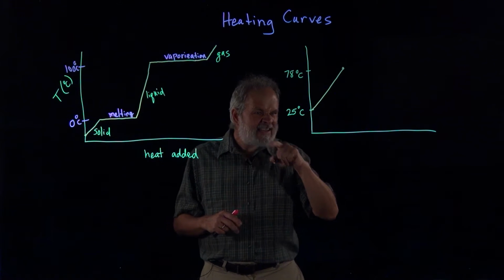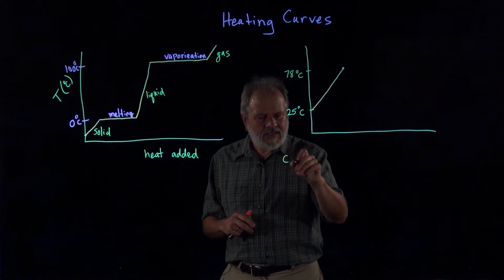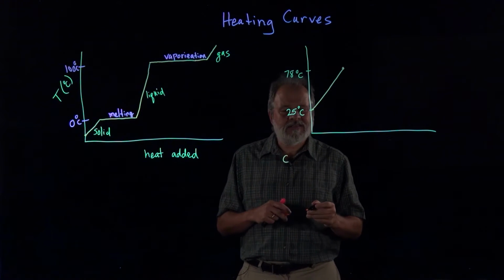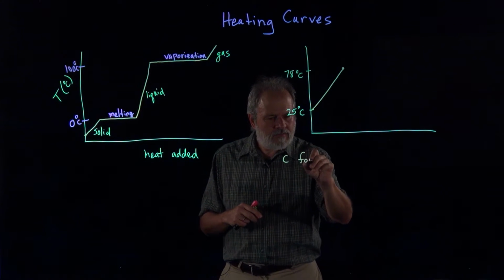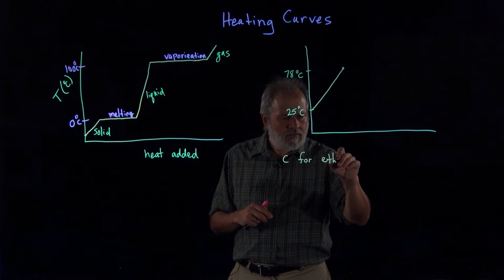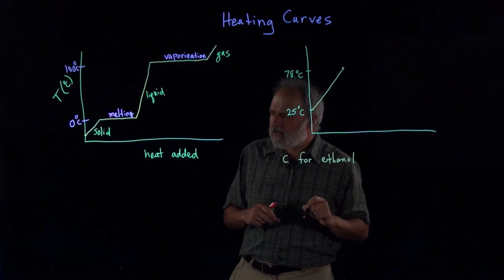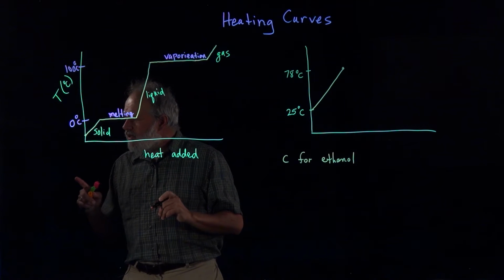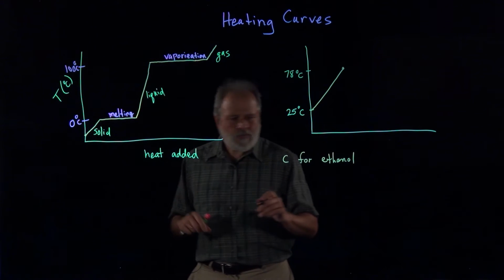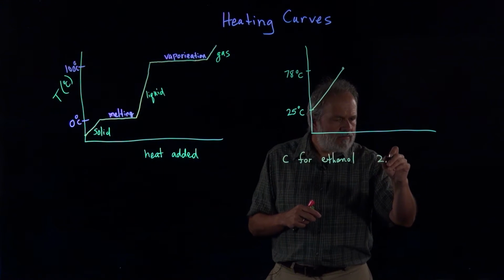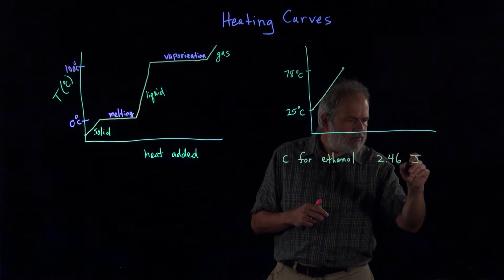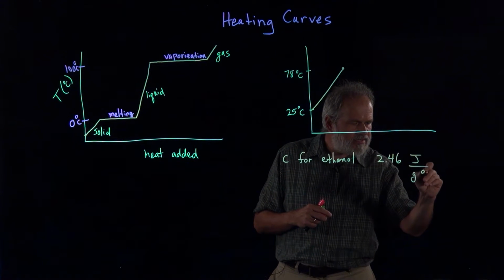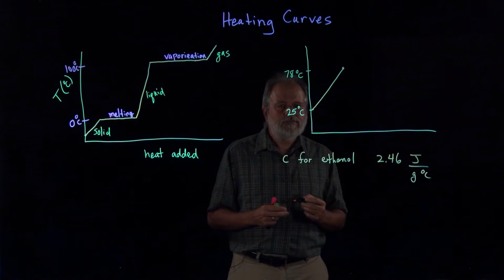And so in order to calculate this, we need C, the specific heat constant for ethanol. It's much smaller than it is for water, and that is, let's see, 2.46 joules per gram and degrees C of temperature change.